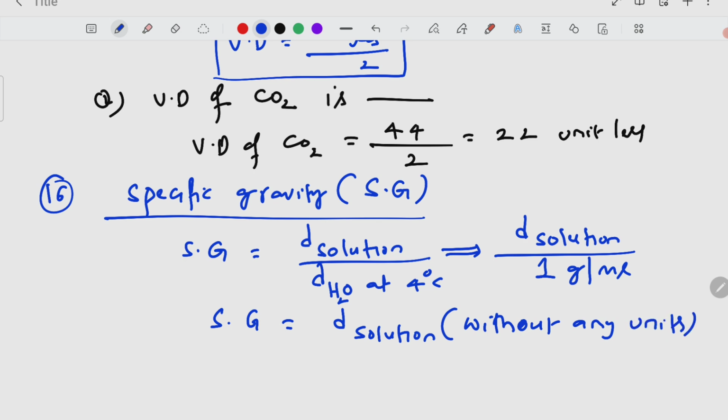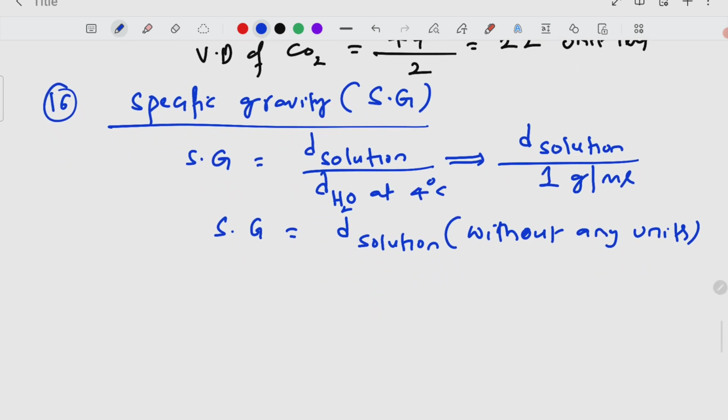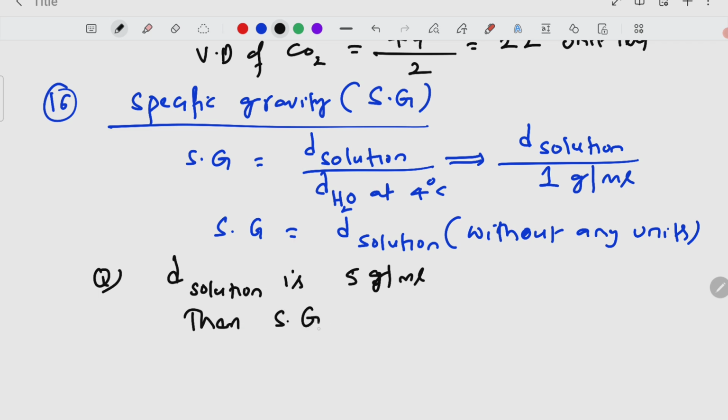Here students make mistakes, you should not do that. For example, for understanding, density of a normal solution is 5 gram per ml. Then specific gravity of solution is 5. Remember, it is unitless.